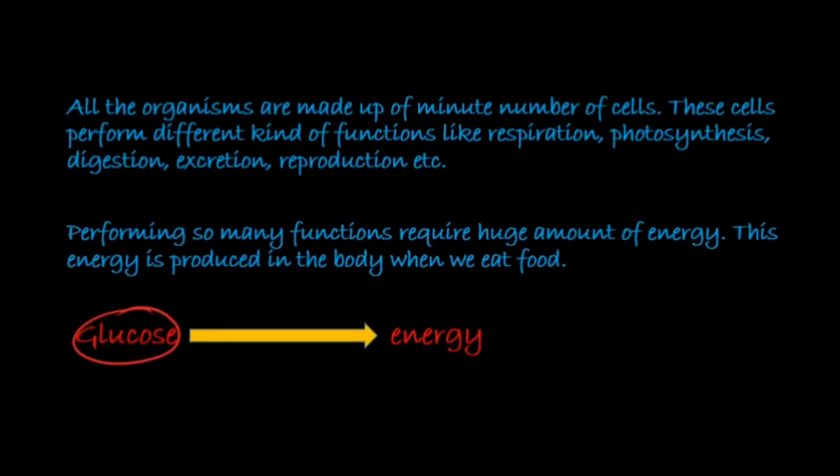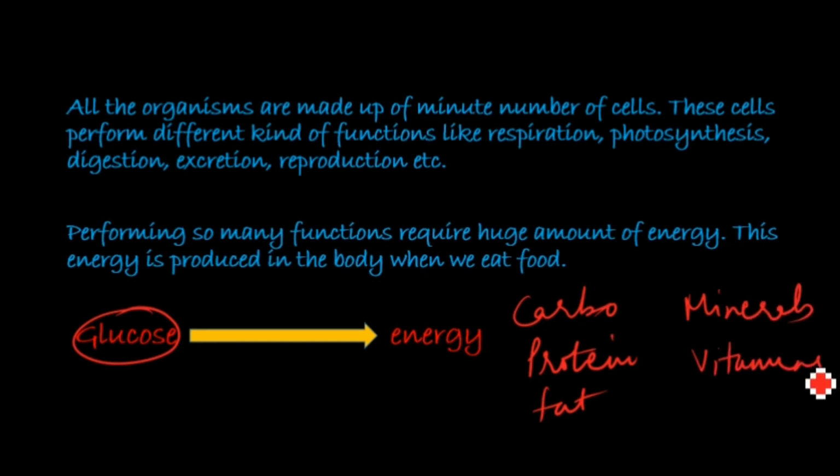The food that we eat is composed of various components like carbohydrate, protein, fat, minerals, vitamin, etc. So, these are the substances which are present in our food. Then these have various complex substances present in them.